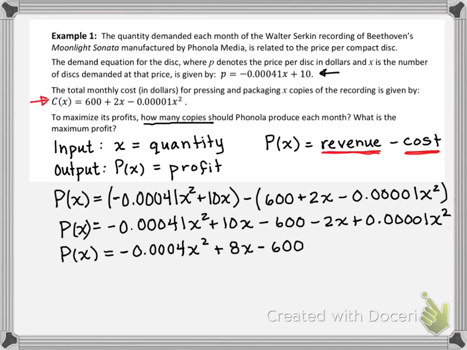And so that's that vertex formula. So x equals the opposite of b over 2 times a. I'll let you guys plug that in for me. What do we get? Got 10,000.